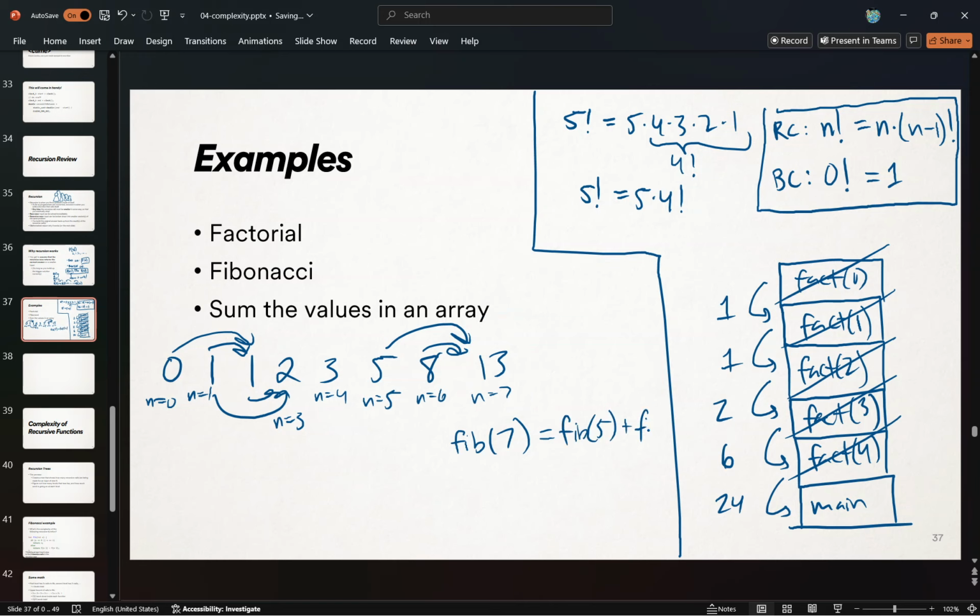Does that make sense? That's what's going to happen. I ran out of room. Let me try to give myself more. But that's one way to generate these.